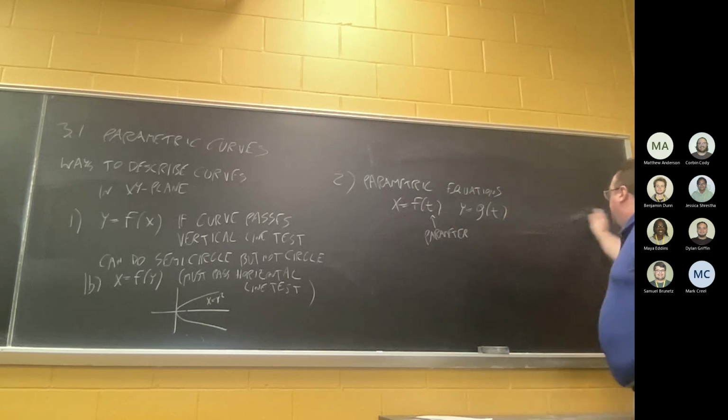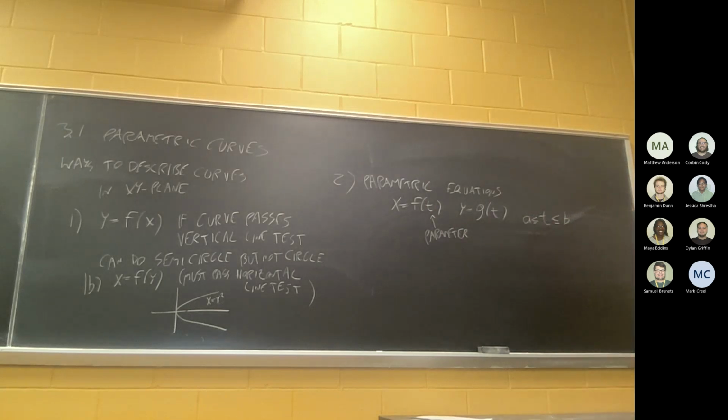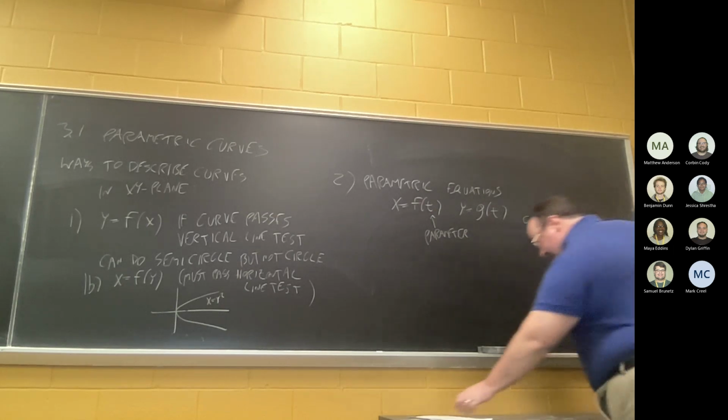So t is referred to as a parameter, and t has some domain a to b. A curve does not have to pass a horizontal or vertical line test to be described using parametric equations. Any curve can be described parametrically.